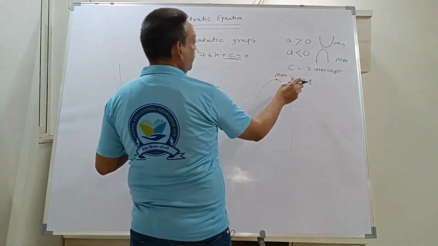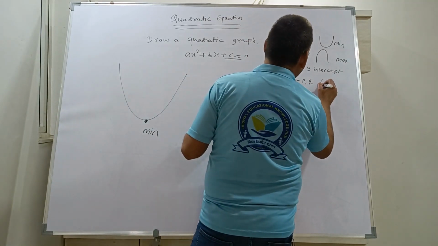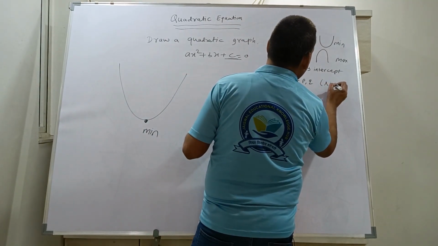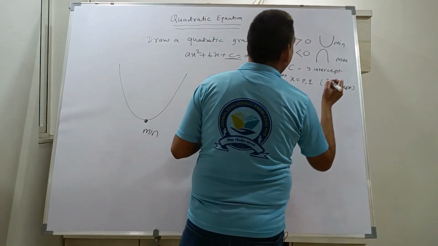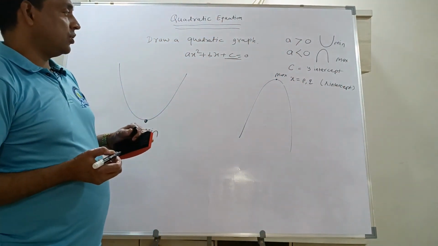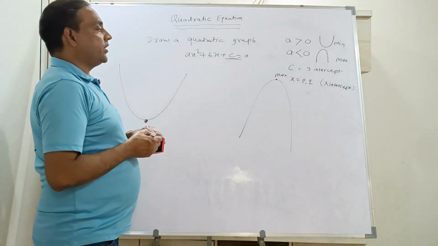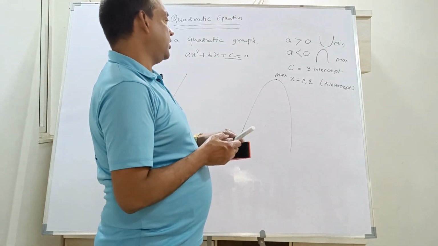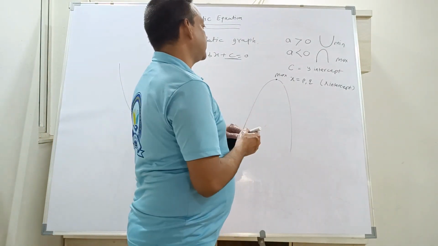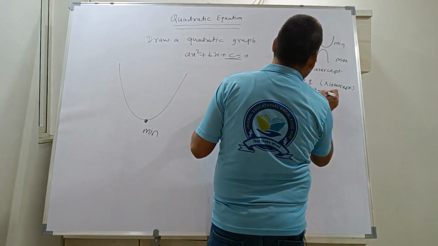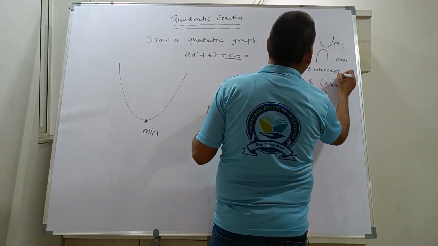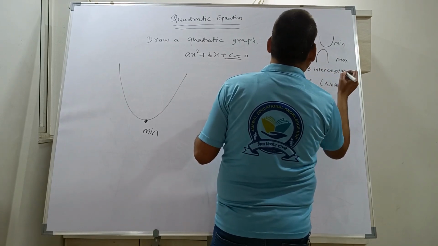So x equal to P, Q is nothing but the x-intercept. What is the x-intercept? When y equals 0. And what is the y-intercept? When x equals 0. To find the x-intercept we replace y with 0, and to find the y-intercept we replace x with 0.